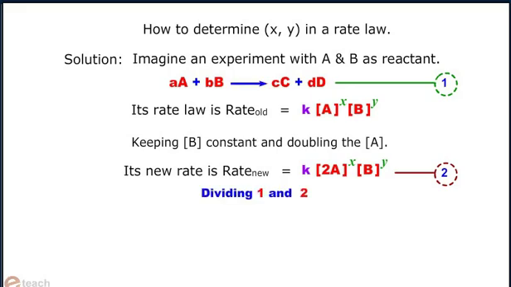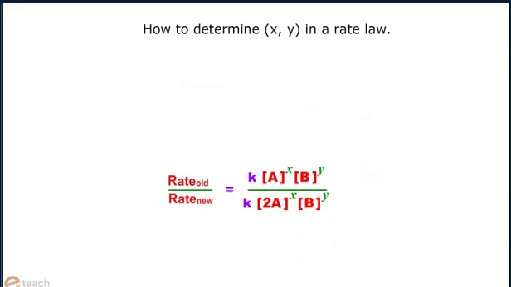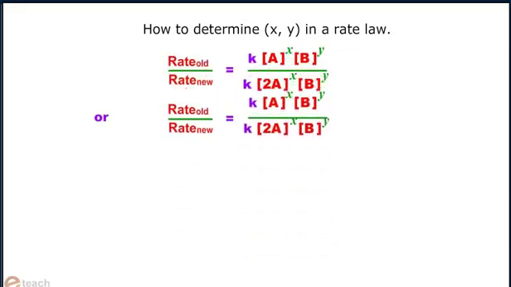On dividing equation number 1 by 2, we get rate of old equation divided by rate of new equation equals k[A]^x[B]^y divided by k[2A]^x[B]^y, which is equal to 1 upon 2 to the power x.